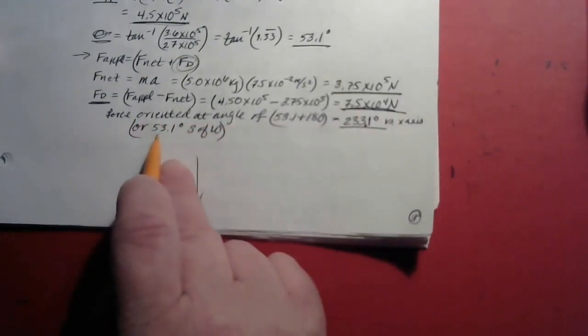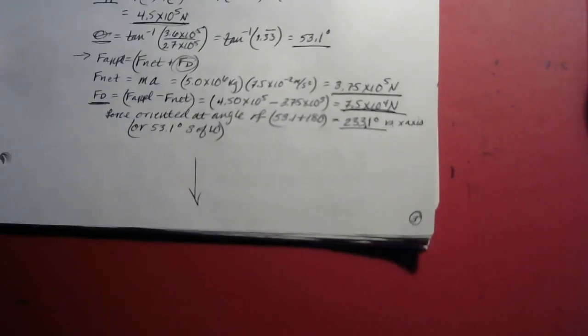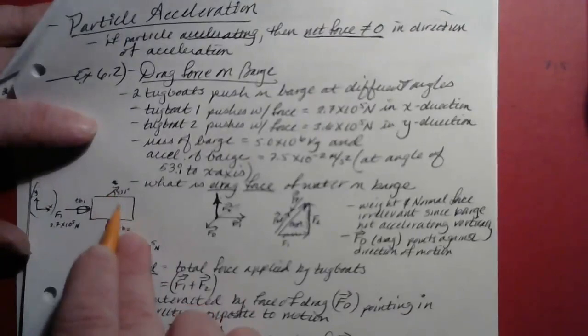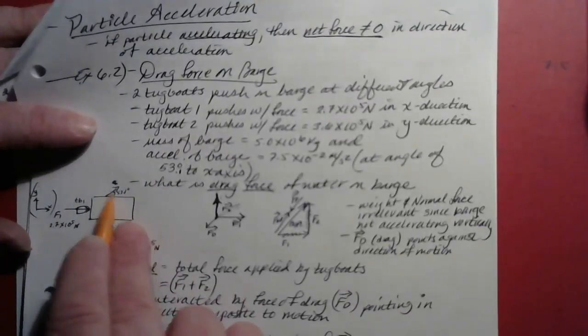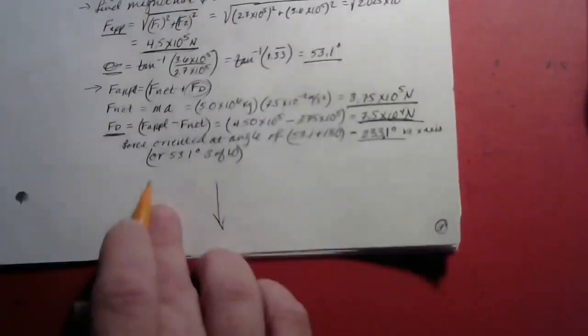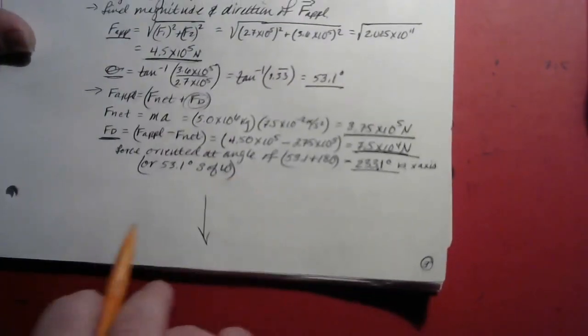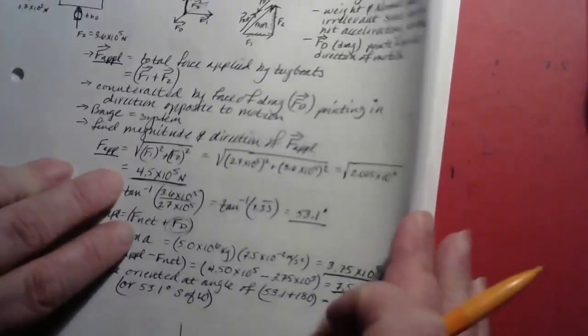Or if you want to think of it this way, 53.1 degrees south of west. The angle at which the barge is moving is 53.1 degrees north of east, and so the opposite direction could be considered 53.1 south of west, or 233.1.